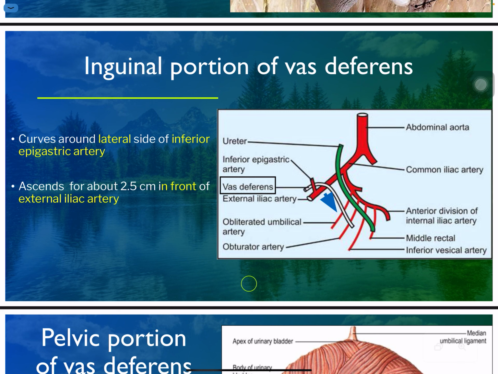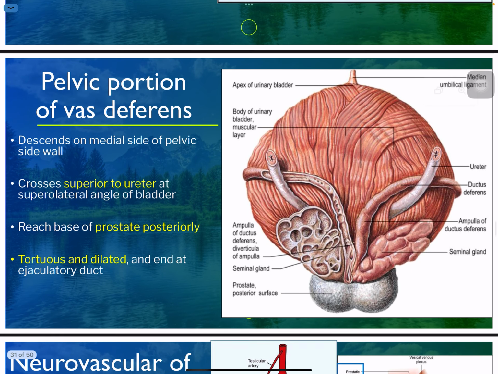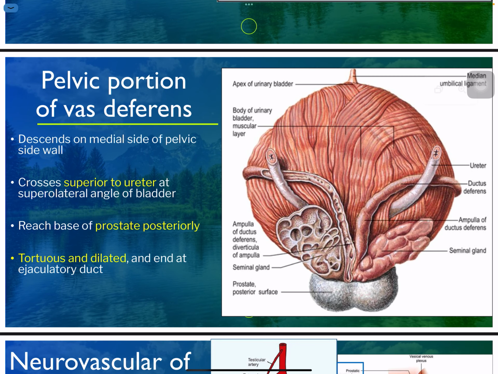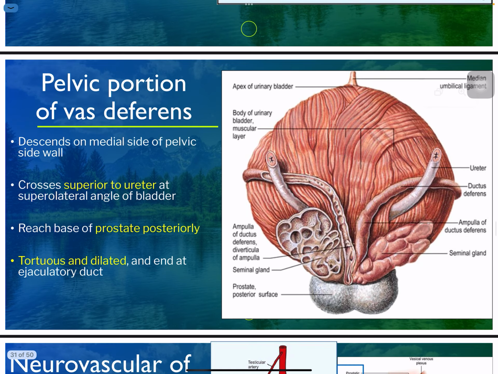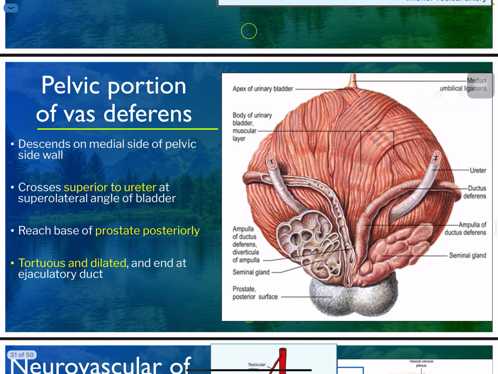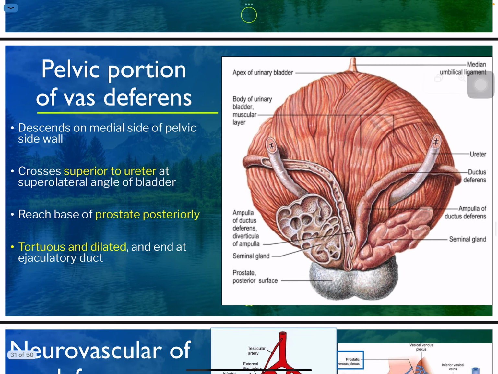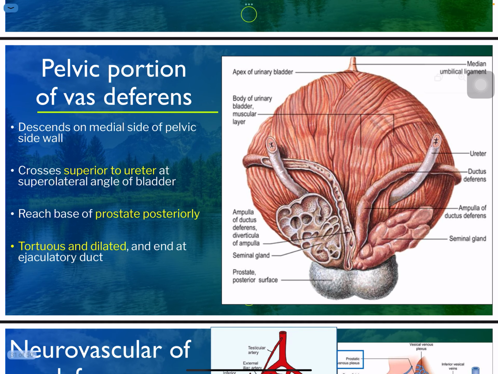Okay, and the pelvic part descends on the medial side of the pelvic side wall, crosses superior to the ureter at the superolateral angle of the bladder, and reaches the prostate posteriorly. Okay, the superior view. It is tortuous and dilated also, and ends at the ejaculatory duct.